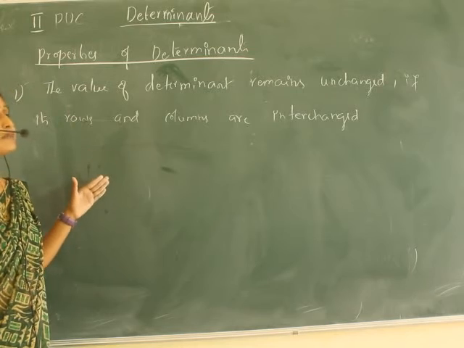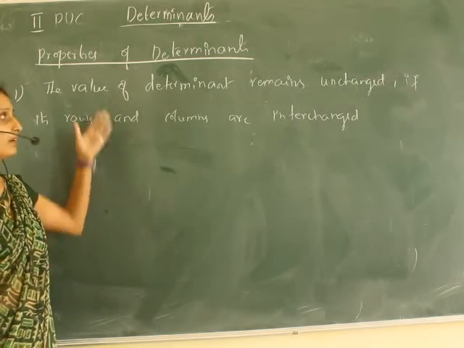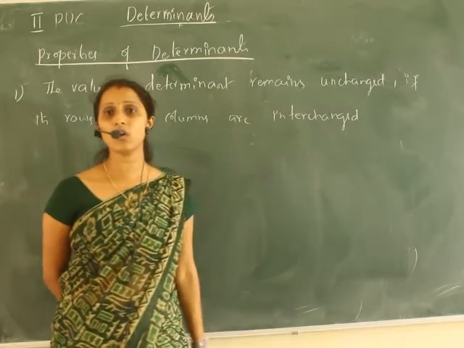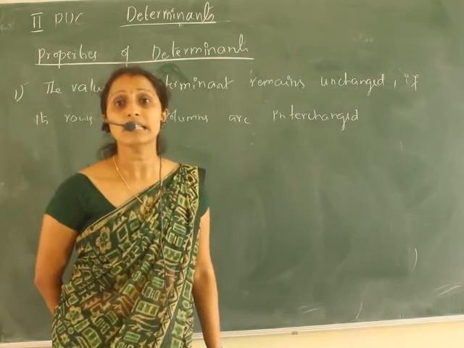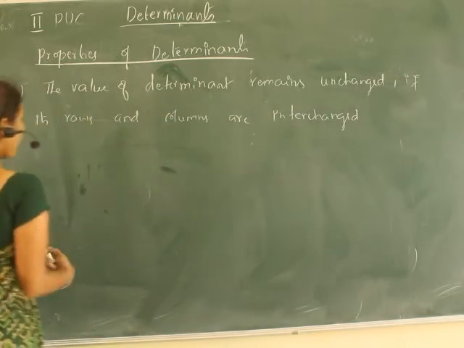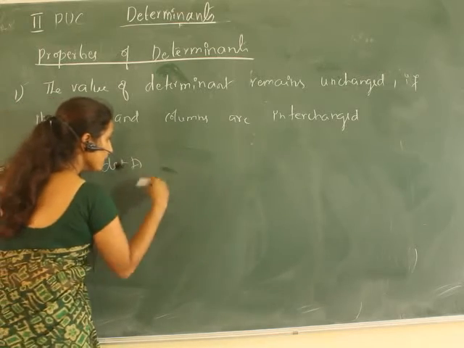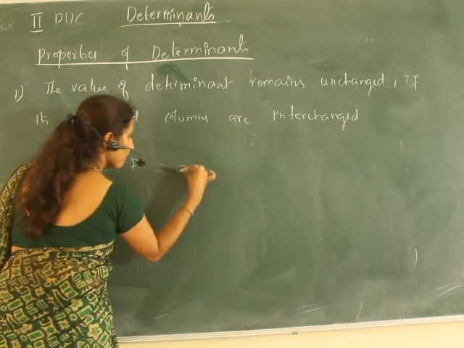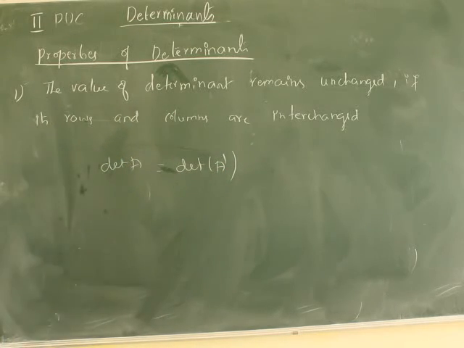So we can do that instead of changing. But where it helps is that when we interchange rows and columns, the determinant value does not change, which means the determinant of A and the determinant of A transpose both are the same.